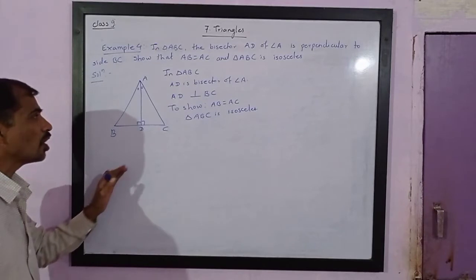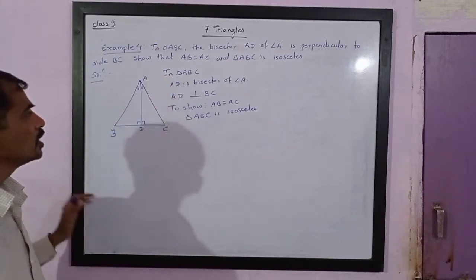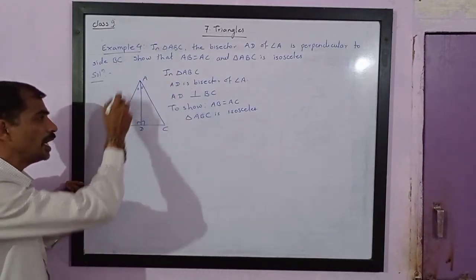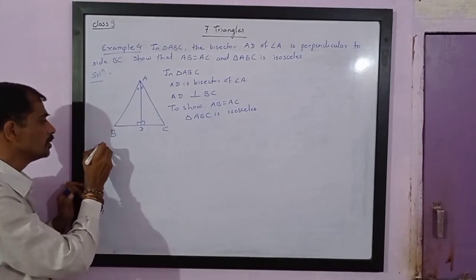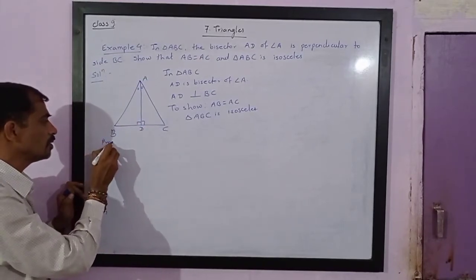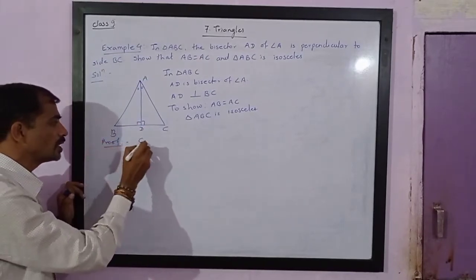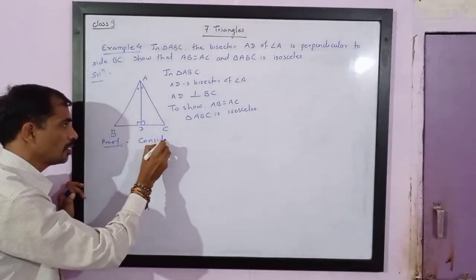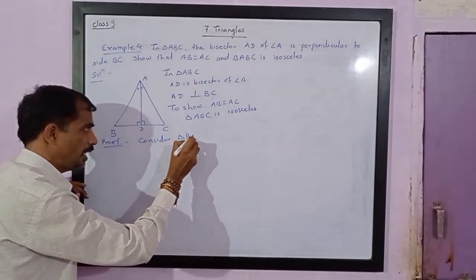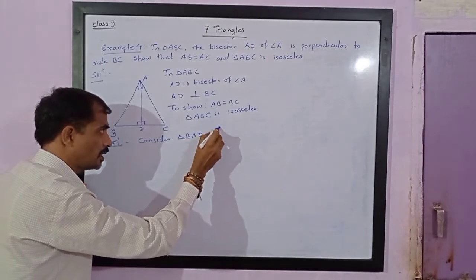Now we have already solved some problems in the same way. So consider triangles BAD and CAD. Proof: for this we consider triangle BAD and triangle CAD.